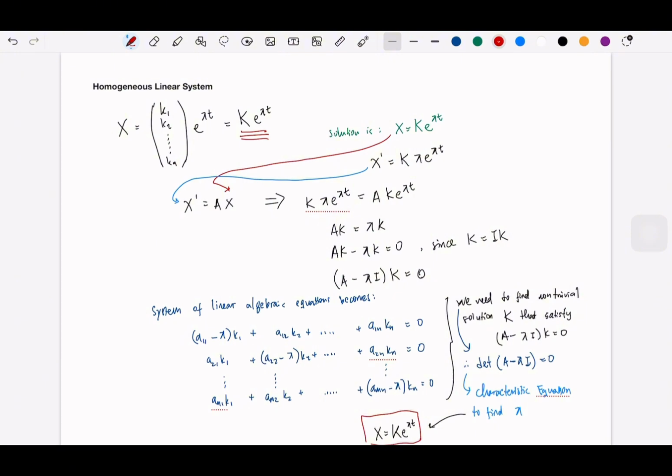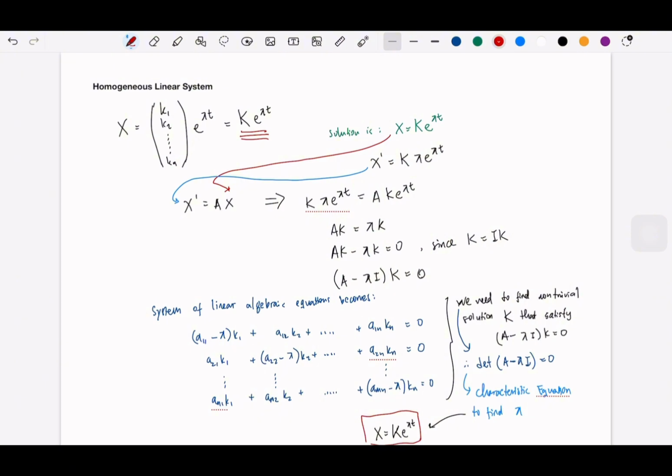So we need to find lambda through this characteristic equation, and of course, from the eigenvalue, from the lambda, we also get the eigenvectors. We check every eigenvalue we find, we get the eigenvector, and then we put it into the solution.